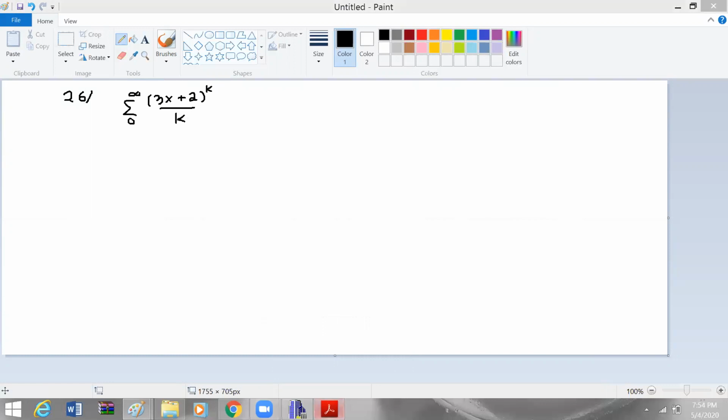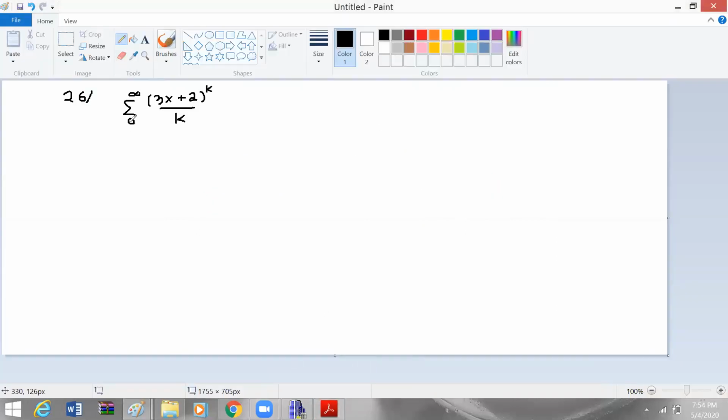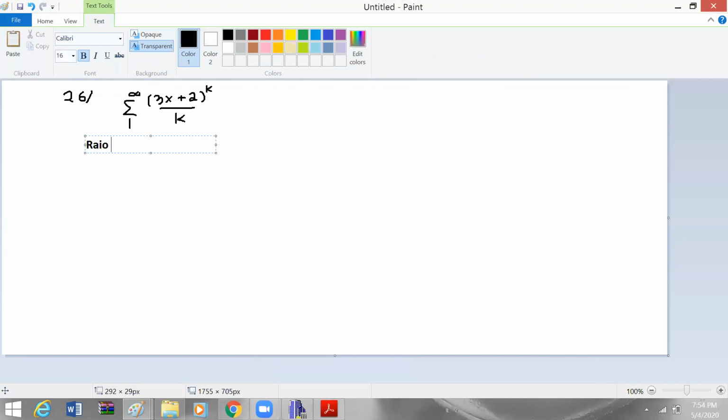Let me check that. Okay, so it starts from 1. I'm sorry, it starts from 1, not from 0, because 0 makes the series undefined. Now we need to work on this example, and we're definitely going to use the ratio test.